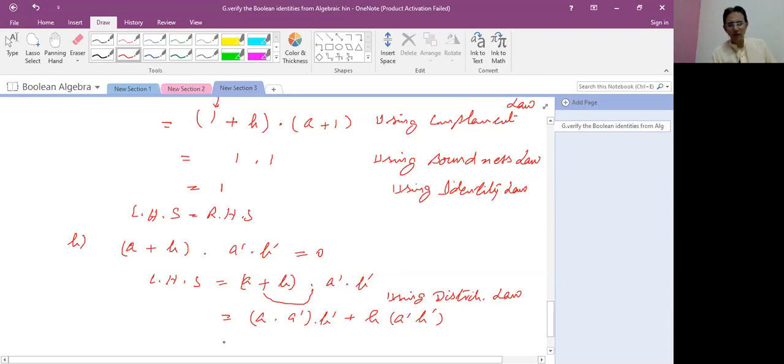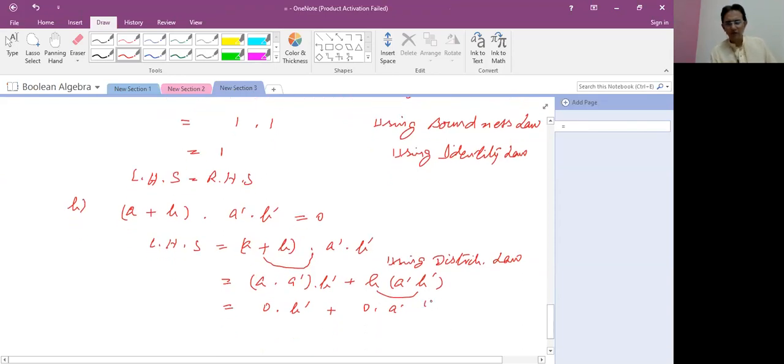So in the next step, student, when we consider A into A complement, 0 dot B complement plus sign. When we consider B into B complement, it is 0 dot A complement. So it means using complement law, so it is 0 dot B complement, it is 0, and 0 dot A complement, it is 0.